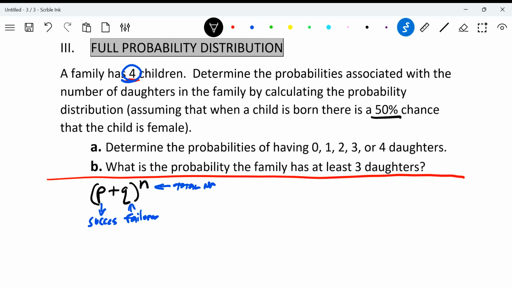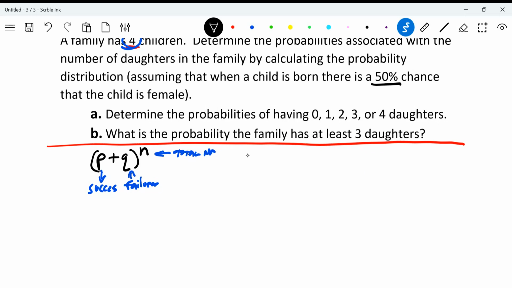We are also given the 50-50% chance. 50% is 0.5, so this becomes 0.5 for success for the number of daughters you would have. If we wanted sons, it would be 0.5 and daughters would be 0.5, so it would be the same. And here we have 0.5 plus 0.5. So not really a want, it's just what happens. The chance of getting sons and the chance of getting daughters is half and half.